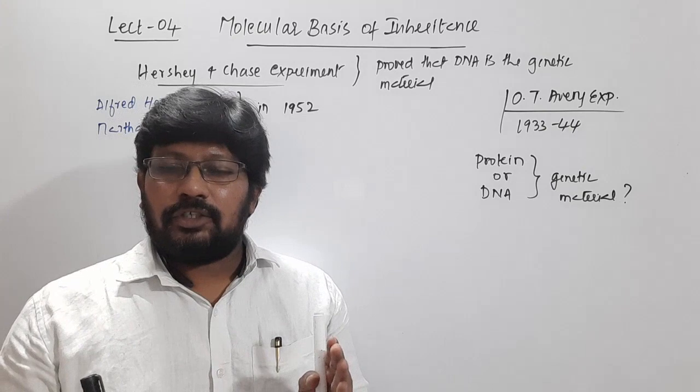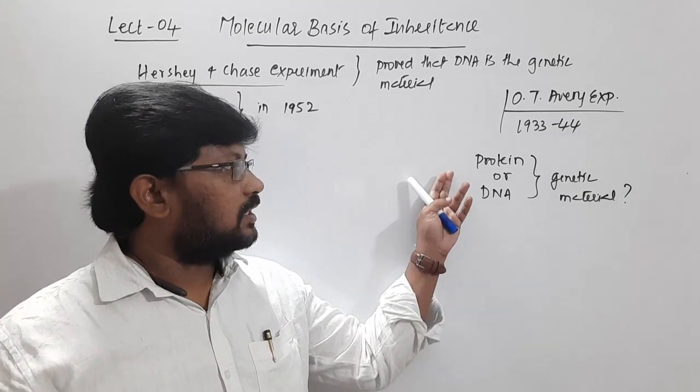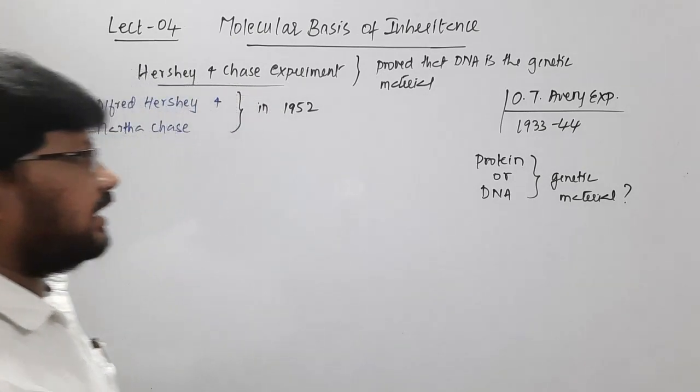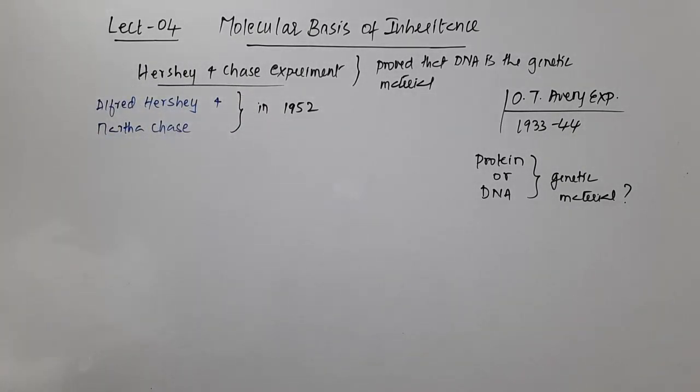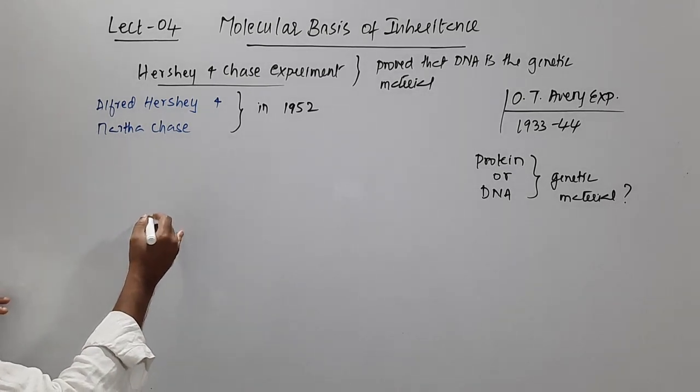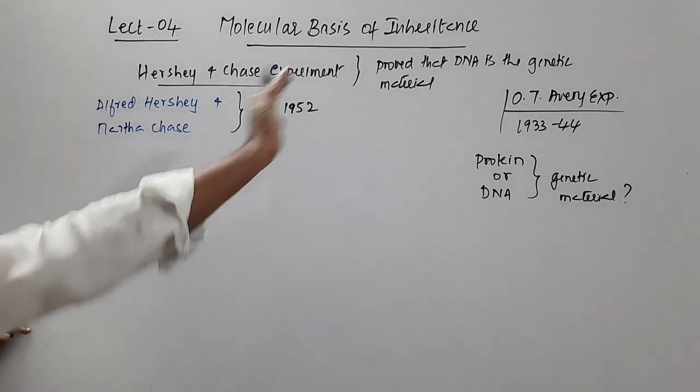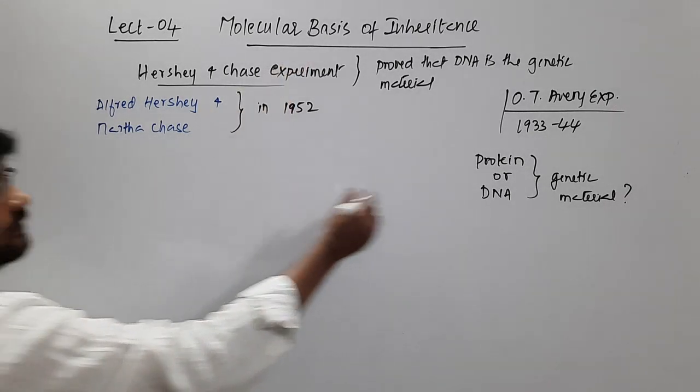So the question is to find out which of these two is the genetic material. To find this out, Hershey and Chase grew some viruses on a medium containing radioactive sulfur. We'll see that one.